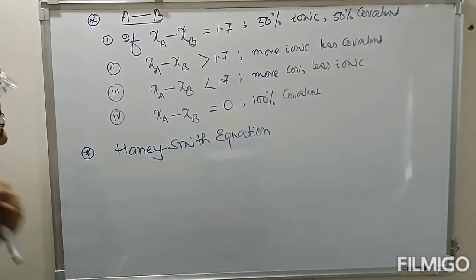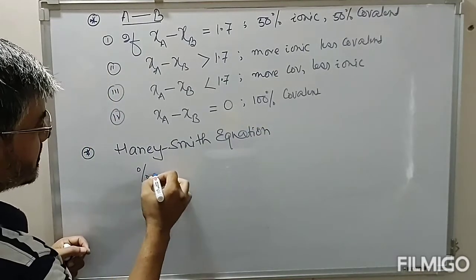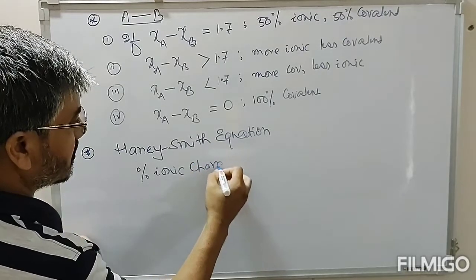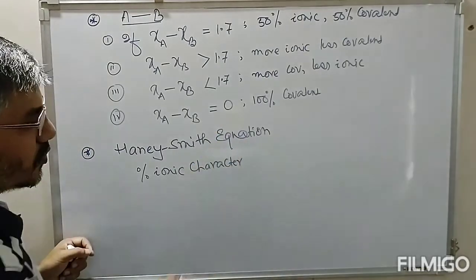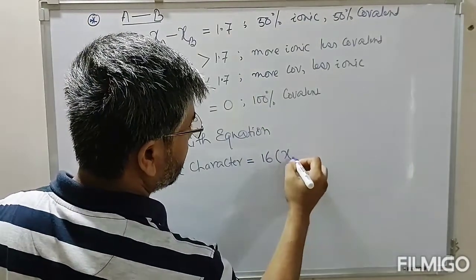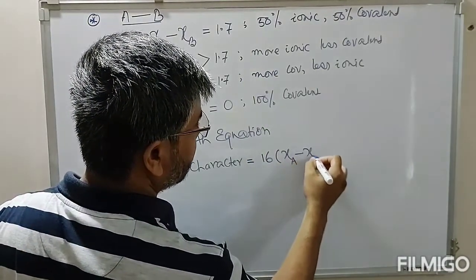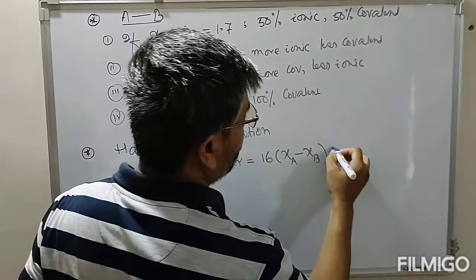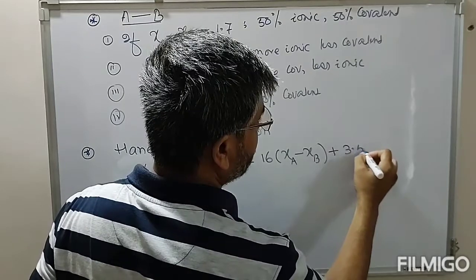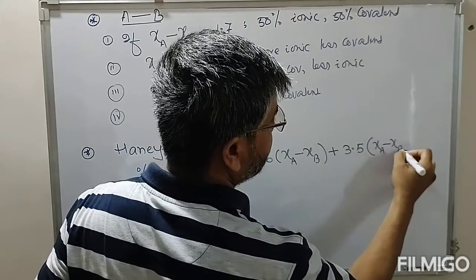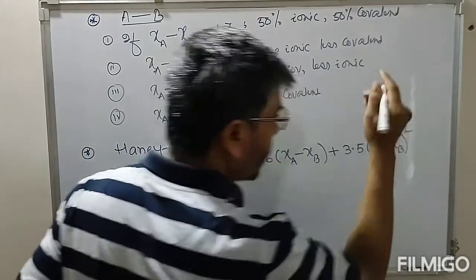So according to this Hannay-Smith equation, the percentage ionic character in a covalent molecule is equal to 16 into the electronegativity difference between the combining atoms A and B, plus 3.5 into the electronegativity difference between A and B, squared.